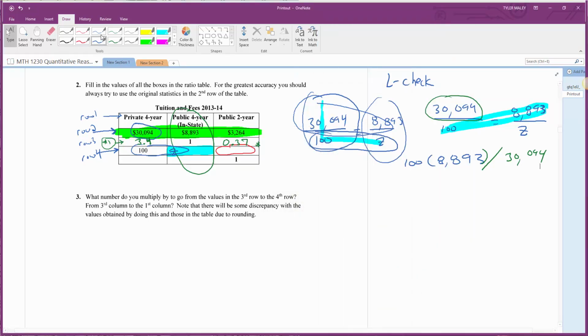So we could fill that value in, 29.6. We could keep doing this to fill in these two values, and also this third one.